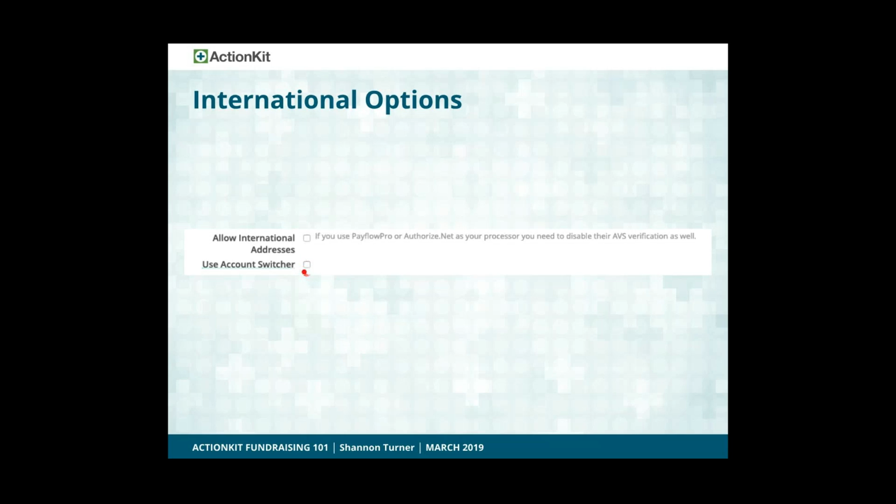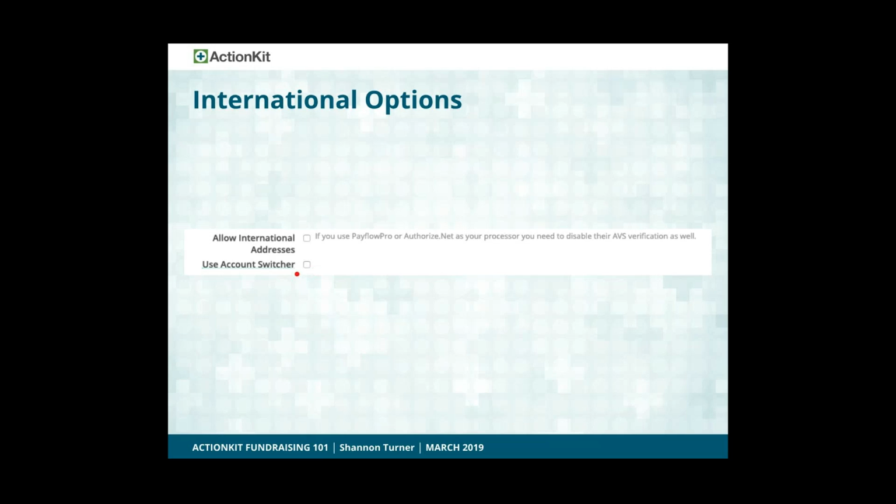The Use Account Switcher checkbox, that's for you if you have multiple payment processors set up, one for each currency that you accept. For instance, if I have one Braintree account that was set to collect US dollars and another Braintree that was set to collect British pounds and so on, then I could check this box and it would allow visitors to switch which currency they wanted to donate in.